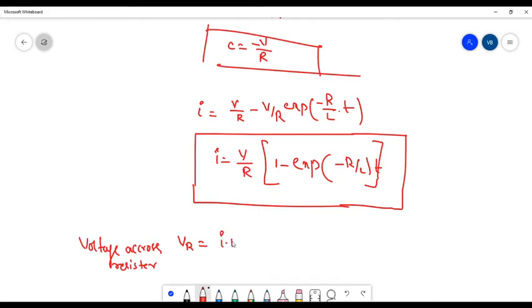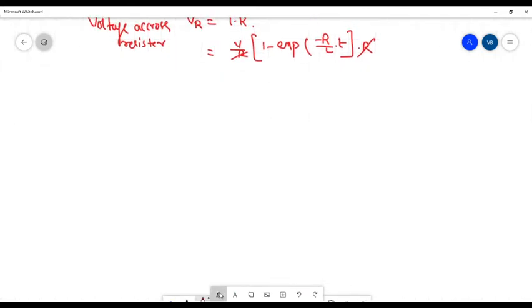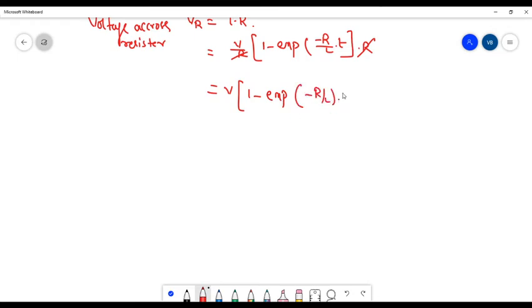I into R. So what is I here? What you got: V by R into 1 minus exponential of minus R by L into t, into R. So R will cancel out, so that V into 1 minus exponential of minus R by L into t. This is the final equation, that is the voltage across the resistor.